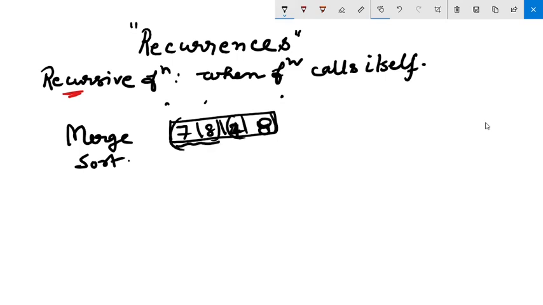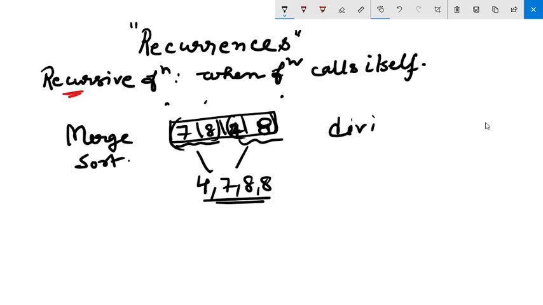So first 7 and 8, which is already sorted, and 4 and 8, also already sorted, and then finally when these two come together, they will be merged and you will get the sorted output. So in that case 4, 7, 8 and 8, we have 8 two times, so this will be the answer. This is how merge sort works. It follows the divide and conquer strategy.